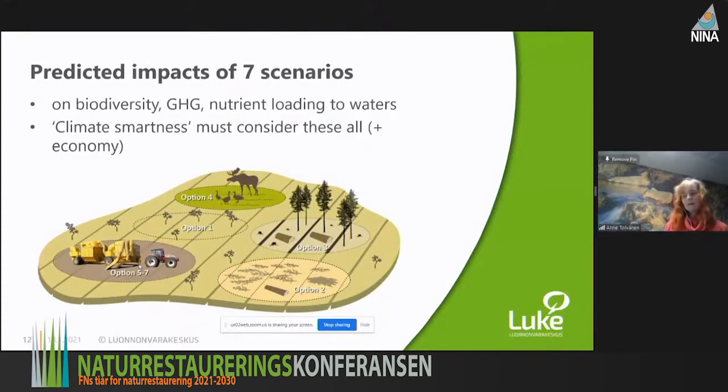And if we think about the climate smartness, which is the topic of this presentation, it should consider all these aspects. So not just the greenhouse gas, not just the mitigation of the climate change, but also the biodiversity and nutrient loading, of course, and the profitability of the options, which always comes last.